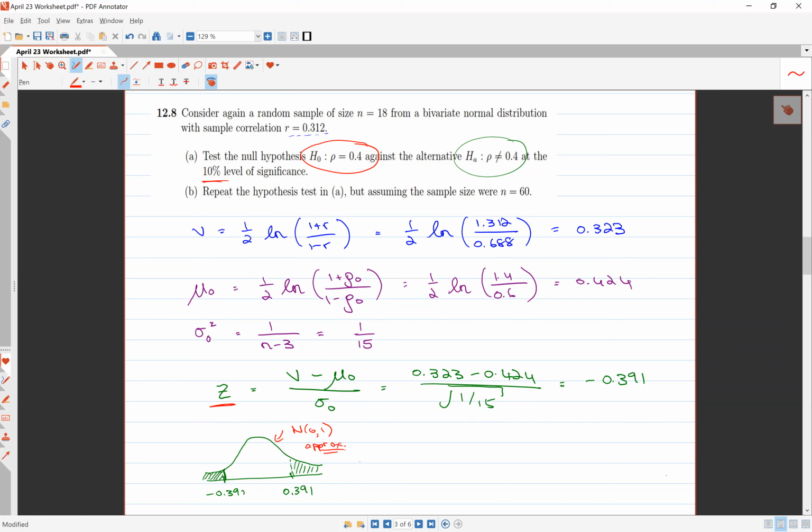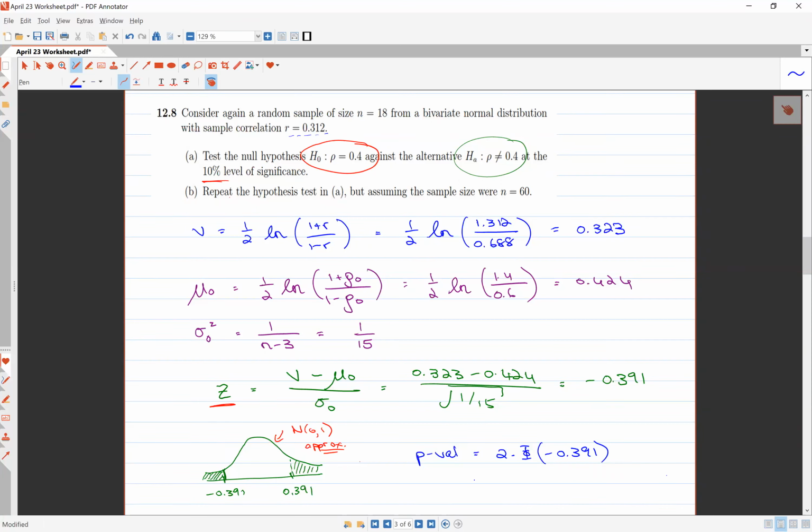Now, z-test means we're using a normal 0-1 distribution, but it is only an approximation. And the quality of the approximation depends on the sample size, which is not very large here, so it's questionable how accurate this will be because the sample size is small. But our p-value will be given by 2 times the normal CDF at negative 0.391.